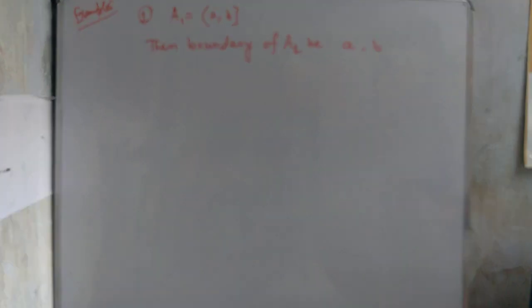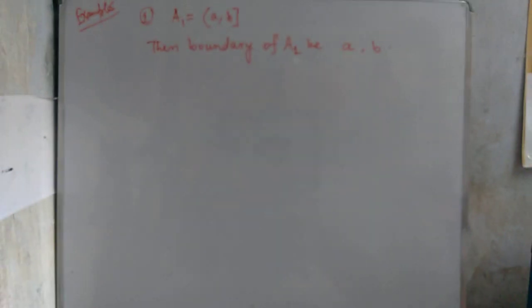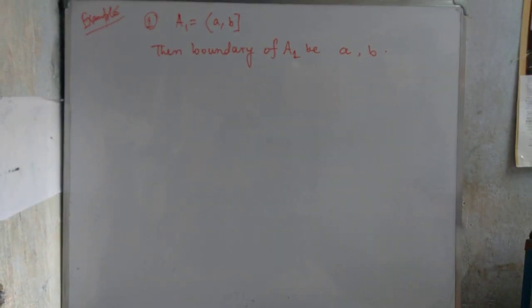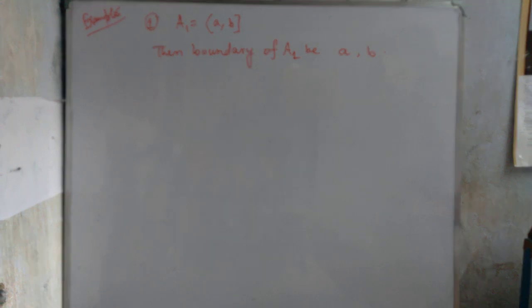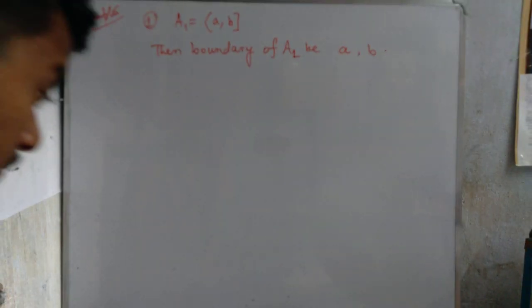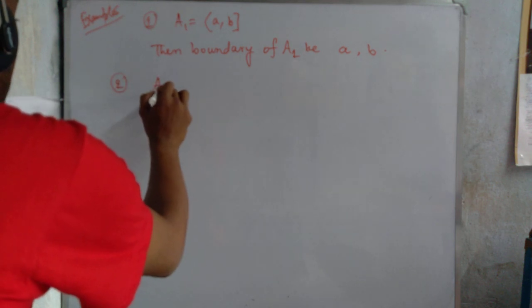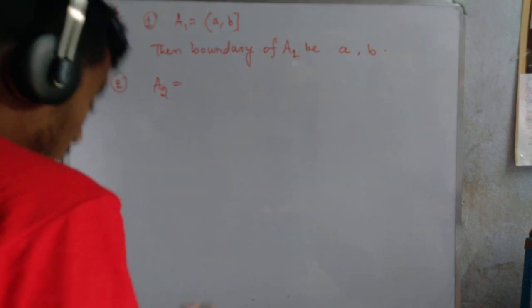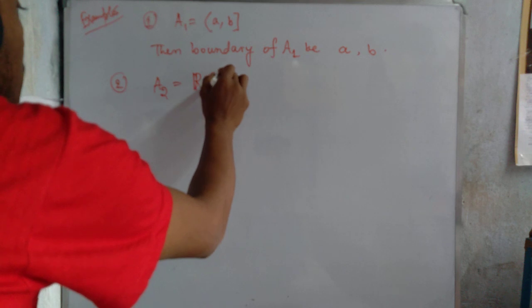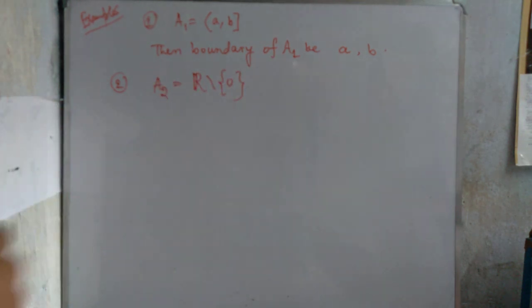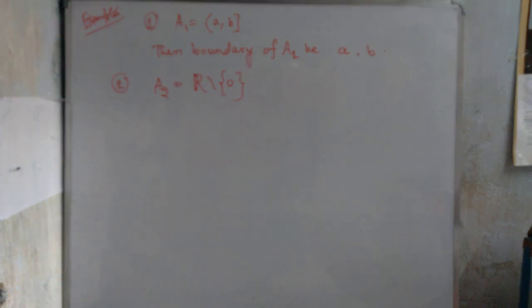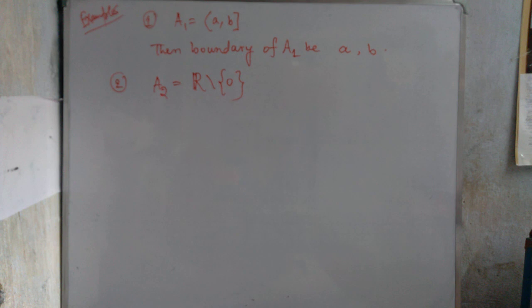We write this one second: A2 equal to R difference 0. Then what is the boundary point of A2?